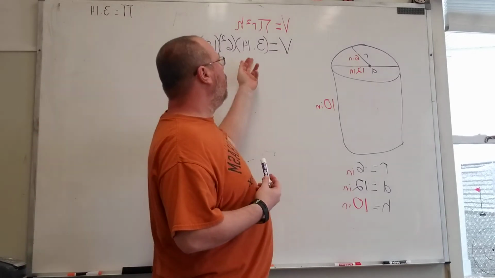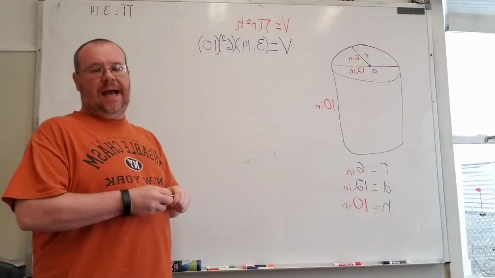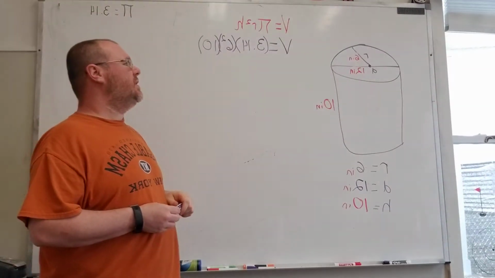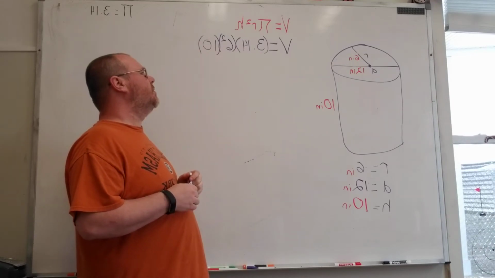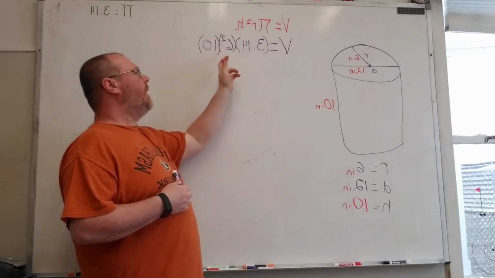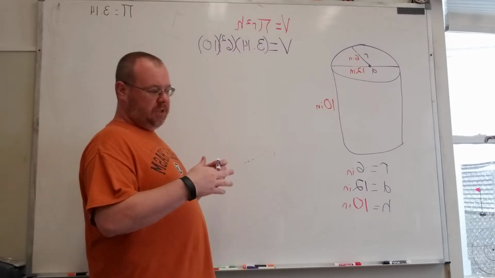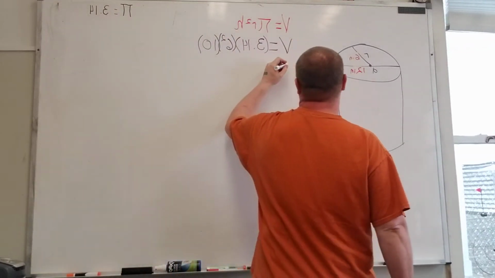All right, so let's think once again about PEMDAS, order of operations. What is our first step? Do we have anything to do in these parentheses? Not really. Do we have any exponents? Yep, so we're going to solve that exponent.